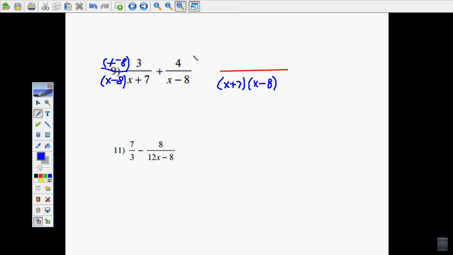And then this one we're going to multiply by x plus 7. Oops. I can erase that mess.